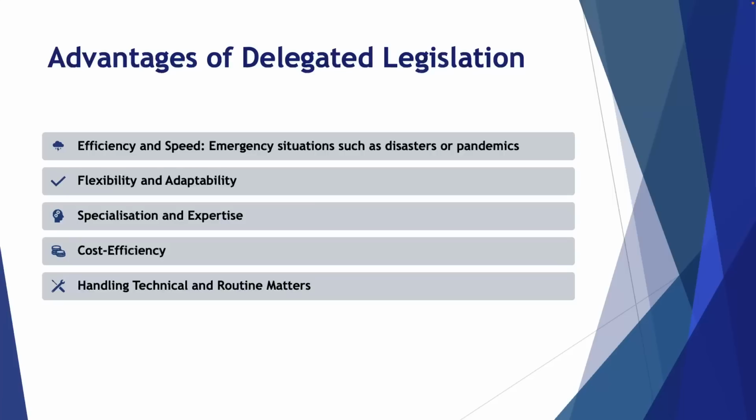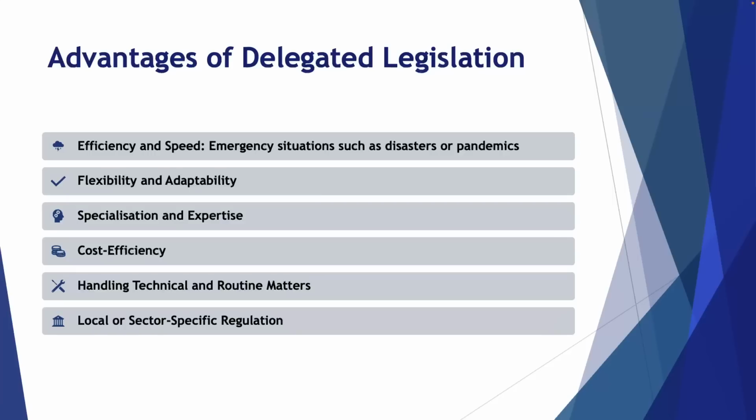So, for example, and this is an example that I also used in the previous lesson, Parliament might delegate to a minister the authority to set health and safety standards in particular factories. These are things that can be adjusted regularly and reflect the technological advancements and best practices at the time, without the requirement of needing Parliament to engage within that particular area.